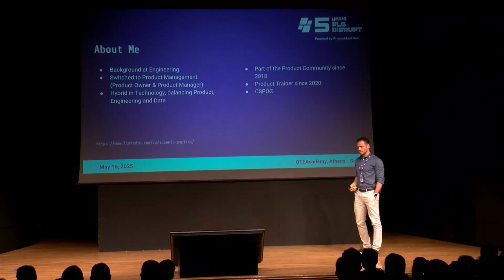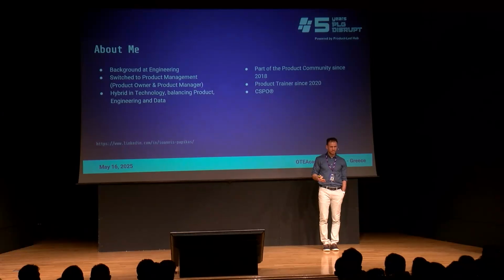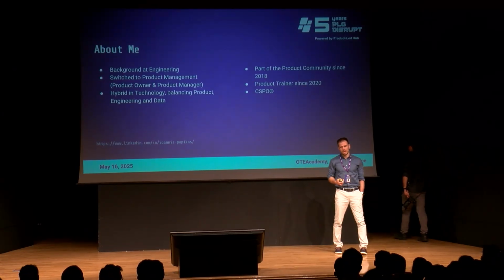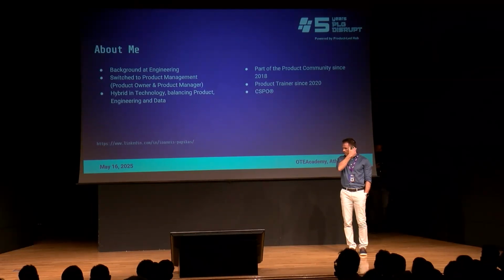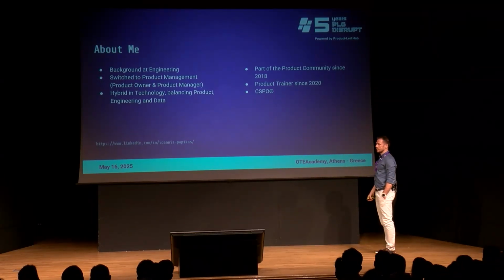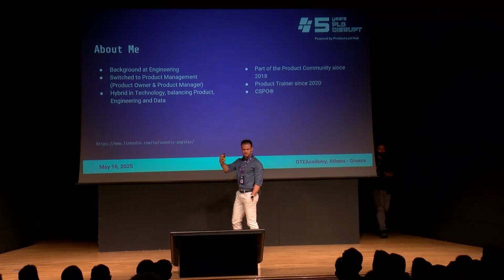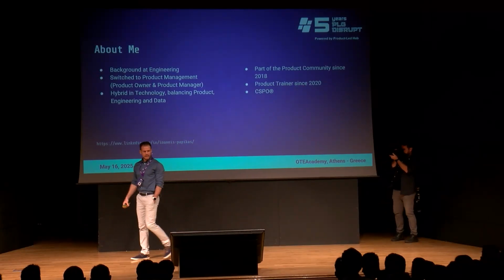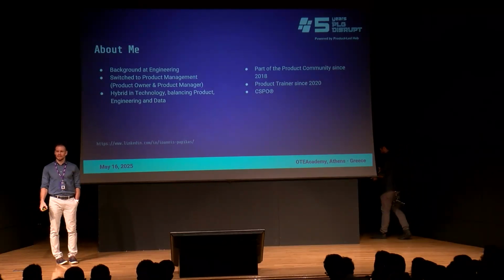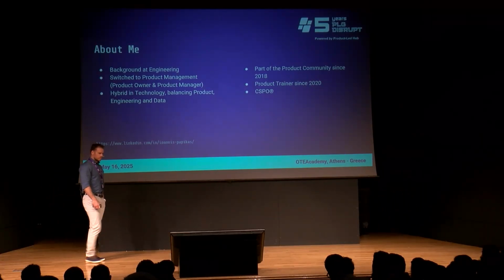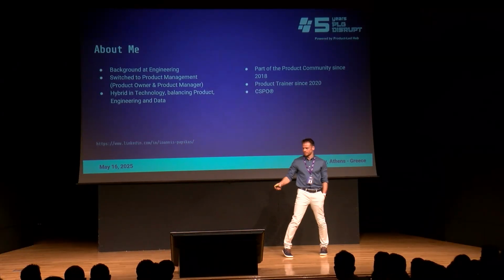I work on both product, data, and engineering, so I bring teams closer so that they can work and actually produce value for the teams and for the company that we work on. I'm part of the product community since 2018 here in Athens. I'm a product trainer, and at some point in my life I tried to take a certified product owner. That was very good, but yeah, there's evolution, and now we are here.